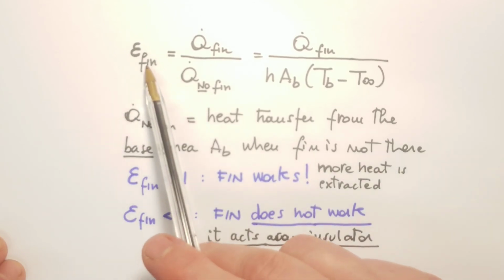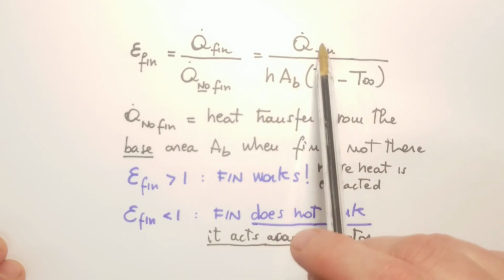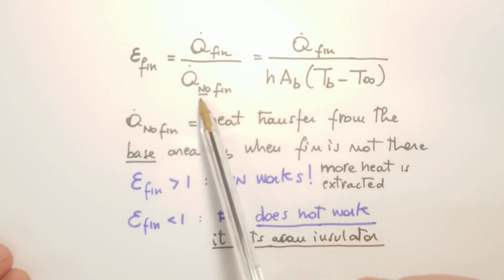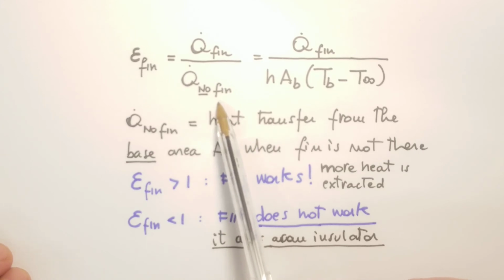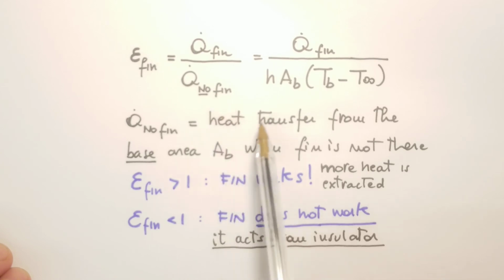So the epsilon fin is equal to the ratio between the Q fin, so the heat transfer that is actually extracted from the fin, divided by the heat transfer from the base in the case when the fin is not there. So we can have this expression.